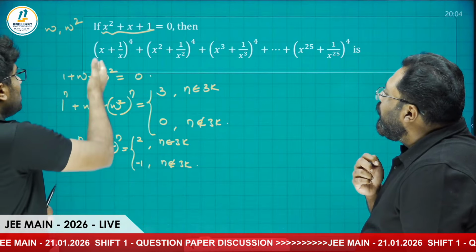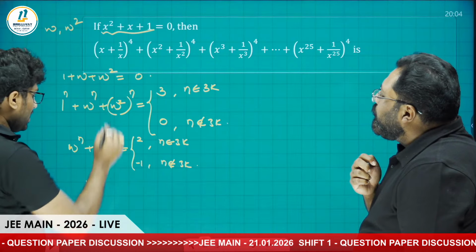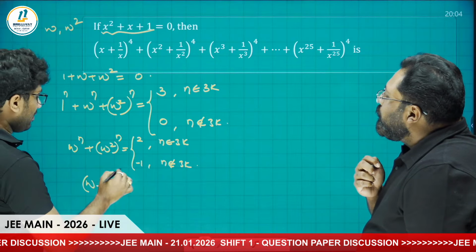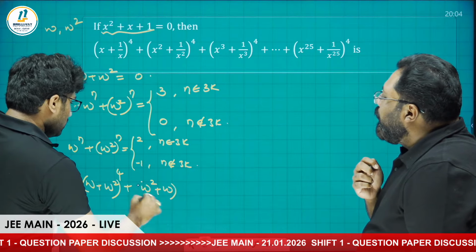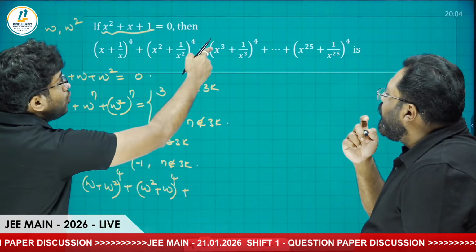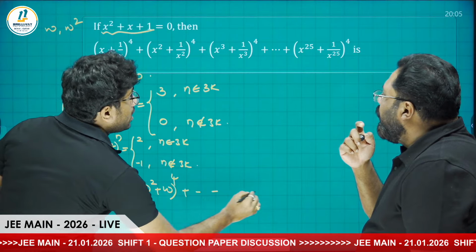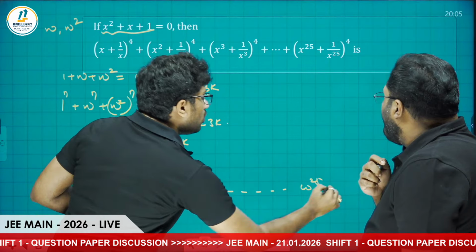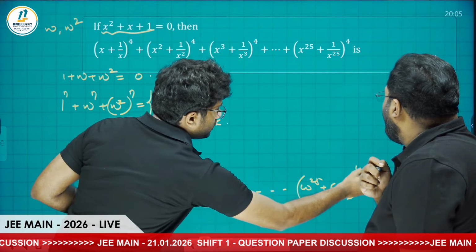So here if x is omega, 1 by omega is omega square, whole power 4, plus omega square, 1 by omega square is omega, whole power 4. So in that way you will be getting omega power 25 plus omega square whole power 25, whole power 4.